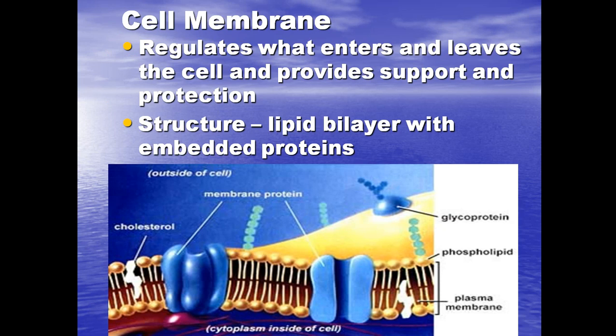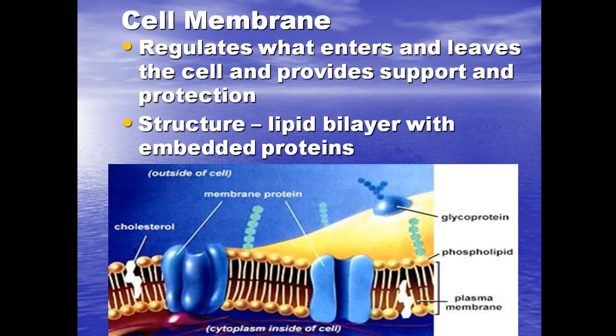That's why I have told you it is selectively permeable. It has to select which materials can go out and which materials can come inside the cell. That means it has a regulatory role in what enters and what leaves the cell. In addition, it also provides support and protection.